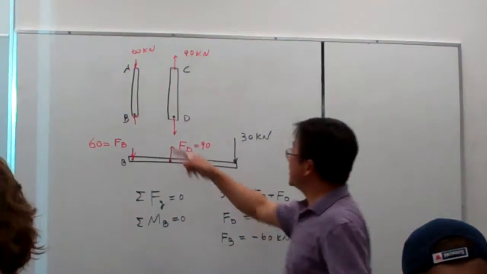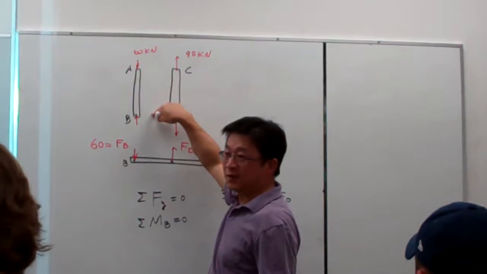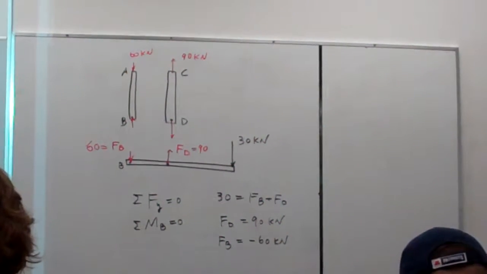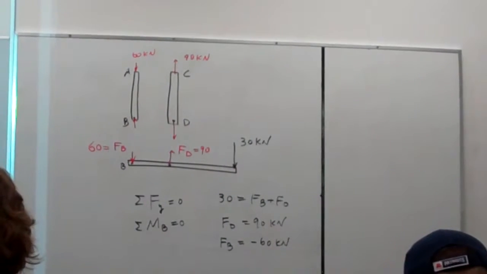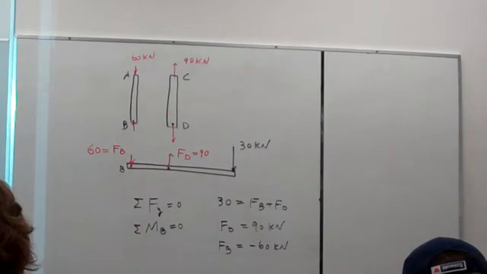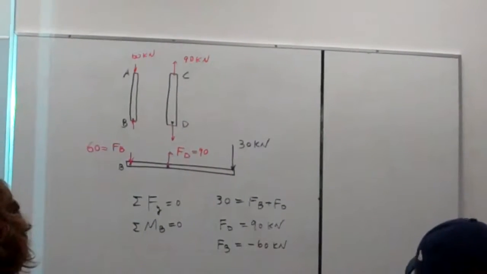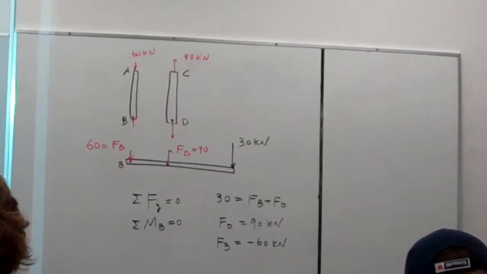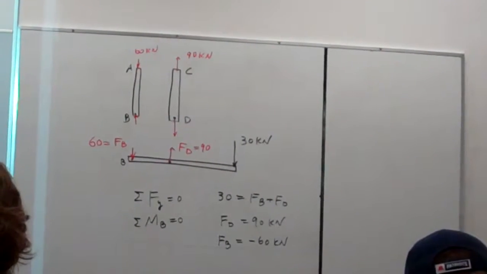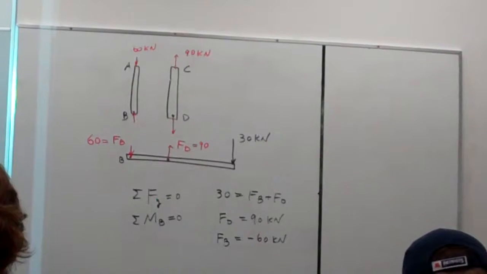From here you can see AB is in compression. AB will get shortened. So if A here is fixed, B will move upward, and D will move downward. So B will be here, D will be here. Then, for example, if this is the original, let me copy it here.